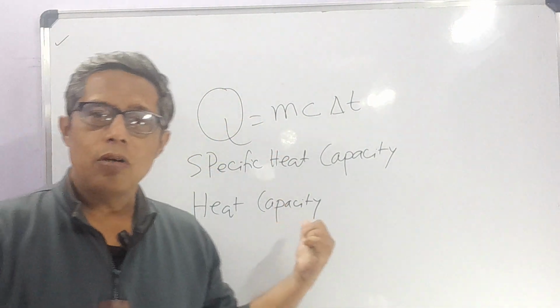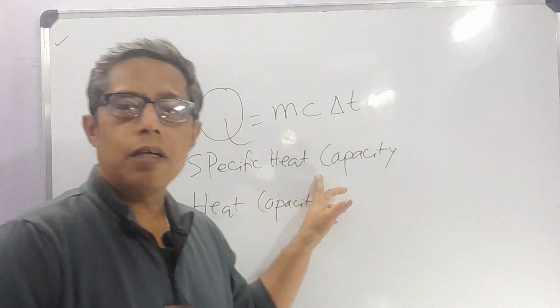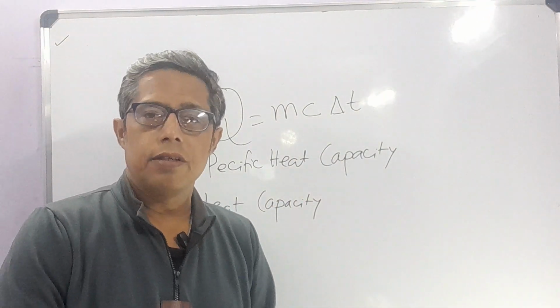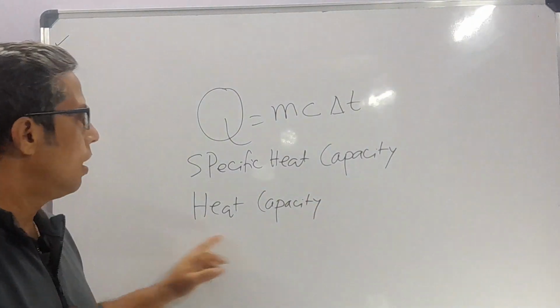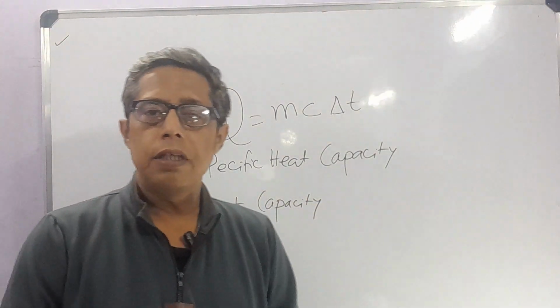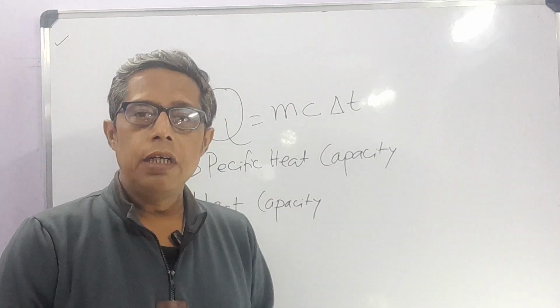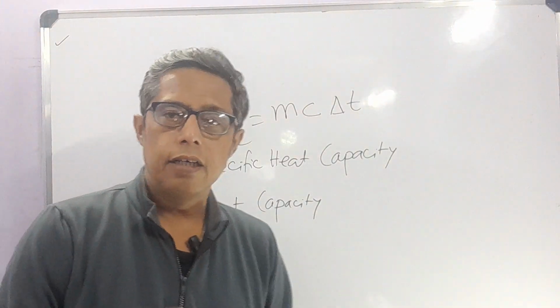m is the mass of the object, c is the specific heat capacity of that substance, and ΔT is the temperature difference. Now there are two terms, specific heat capacity and heat capacity. Heat capacity is the amount of heat required to increase the temperature of a substance by 1 degree centigrade.